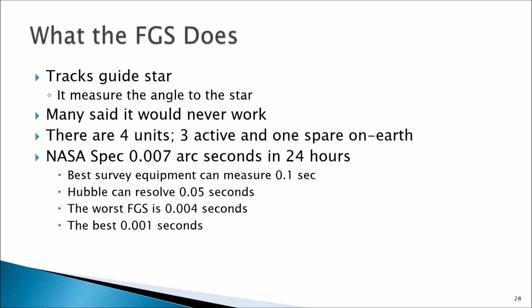The Hubble itself can resolve 0.05 arc seconds. The worst FGS, and they're a little different, each one's a little bit unique, the worst one is 4 thousandths of an arc second, roughly half the tolerance that we had. And the best one got all the way down to 1 thousandth of an arc second.